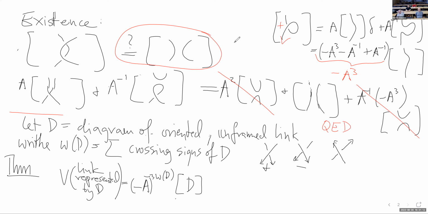But who was first, Kauffman or Jones? Jones was first. Sometimes it takes complicated work to extract really the main idea and make it simple. But Kauffman did it within 2 years from Jones.